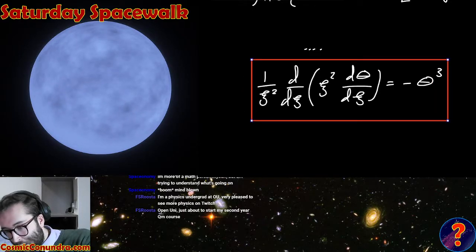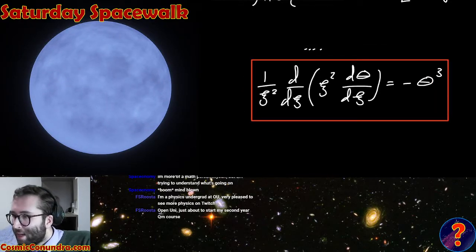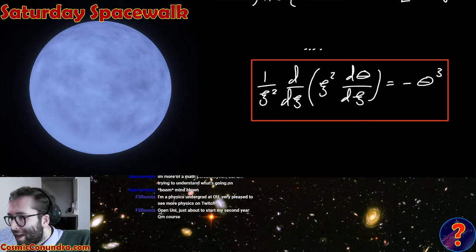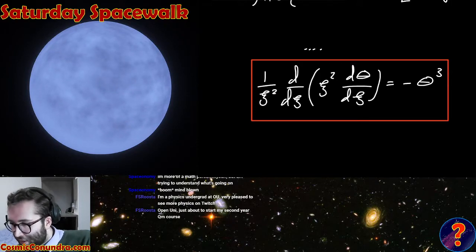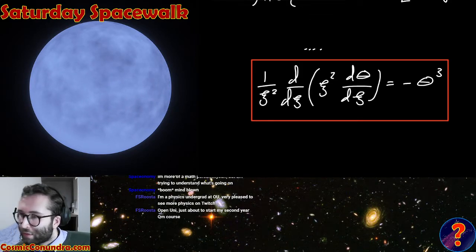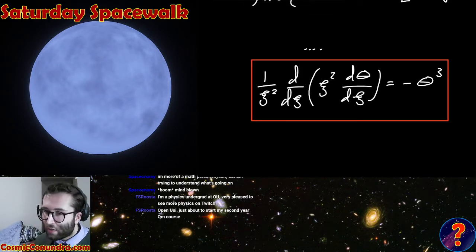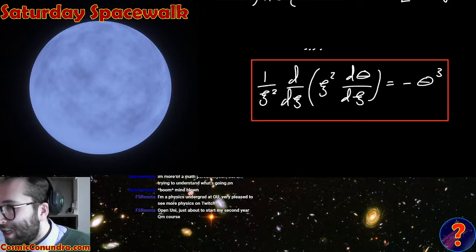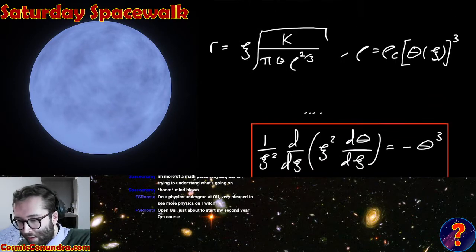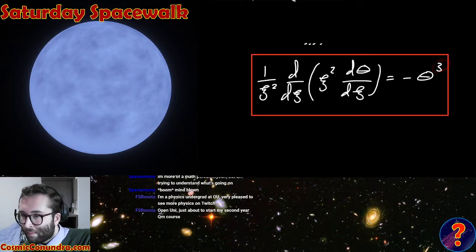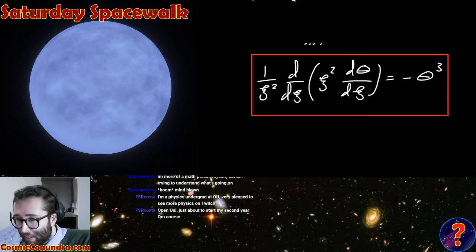And this is an example, like I mentioned, of the Lane-Emden equation, which has a lot of study into it because it appears a lot in slightly different forms. So with a different power here, in lots of different models of stellar structure.